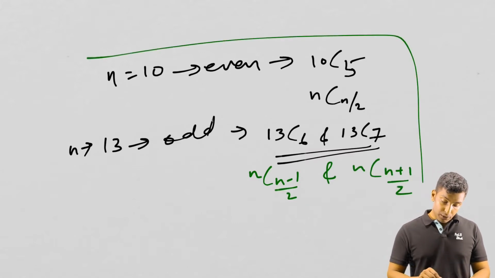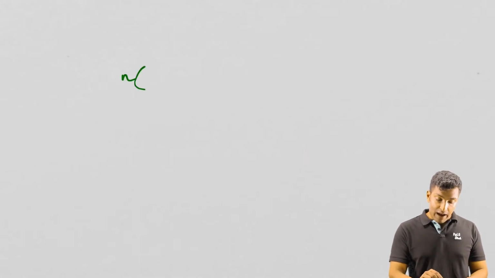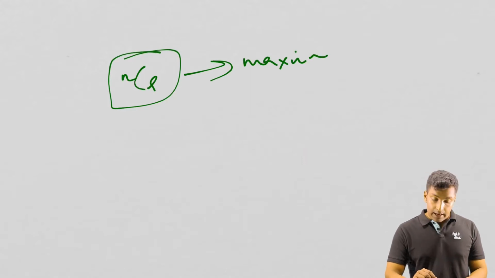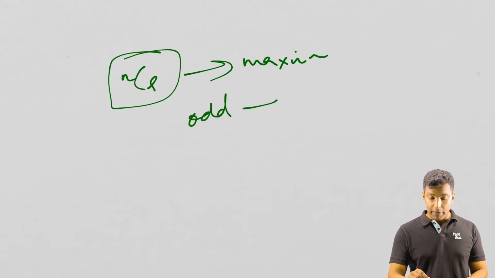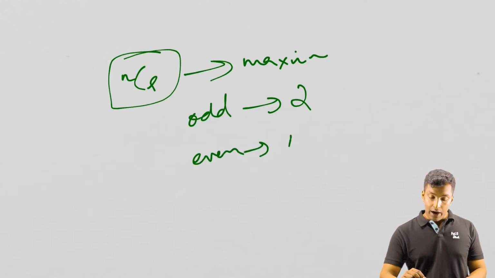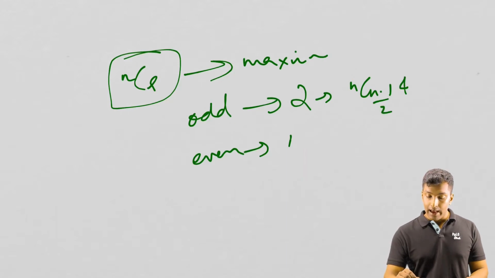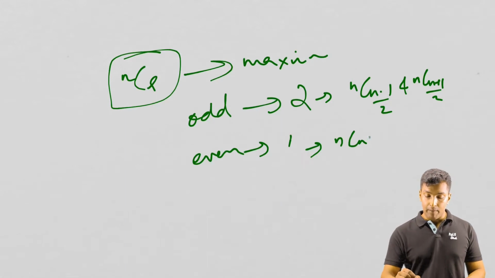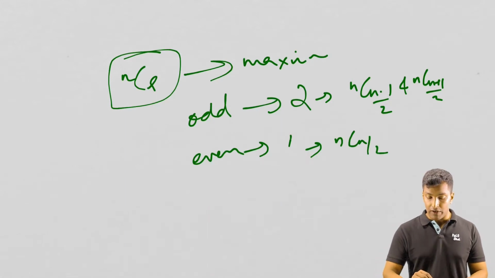In case of even numbers, there will be one maximum, nC n by 2.